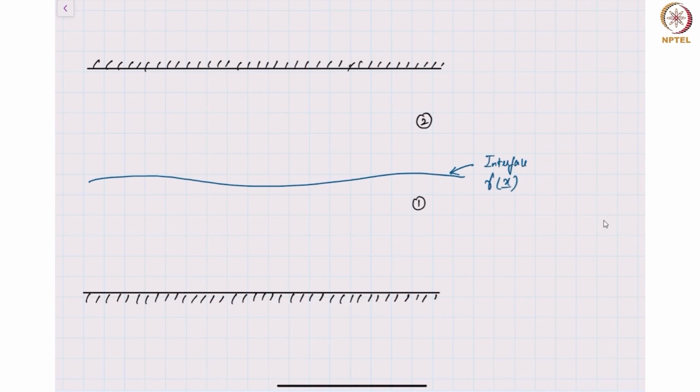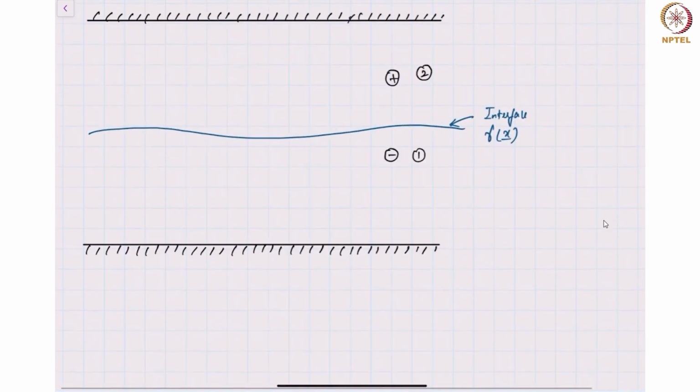So let's first look at the equations in 1 and 2. This 1 and 2 sometimes can also be referred to as fluid minus and fluid plus. So let's look at the equations in the two phases. Equations in fluid 1 would be del dot u for fluid 1 is 0. That's the continuity equation.